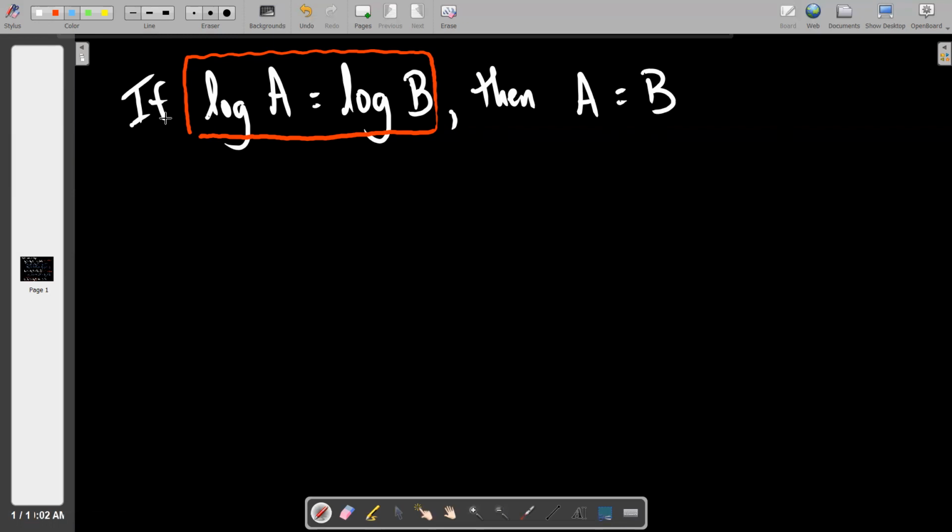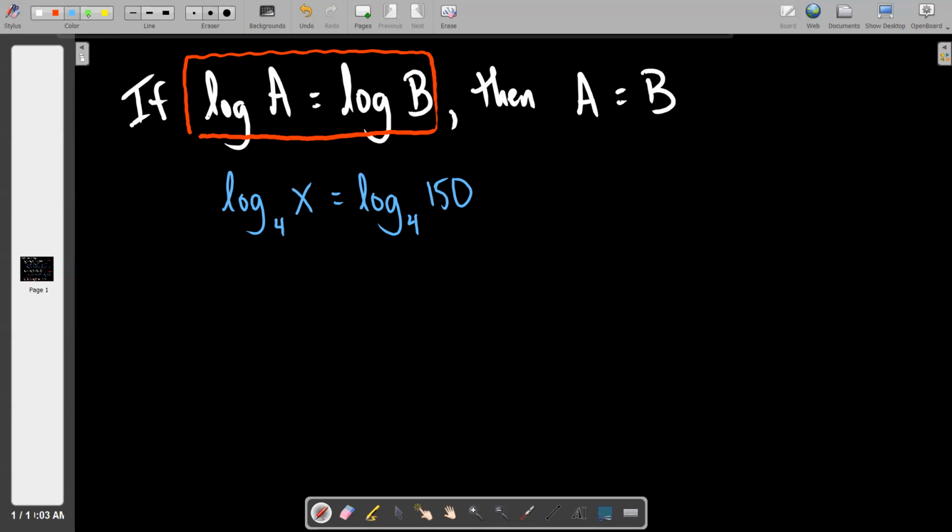And if you want, I mean, the proof of that, let me just give you a quick example as to why this would work the way it does. So if I had log base 4 of x, and I set that equal to log base 4 of, let's do 150.